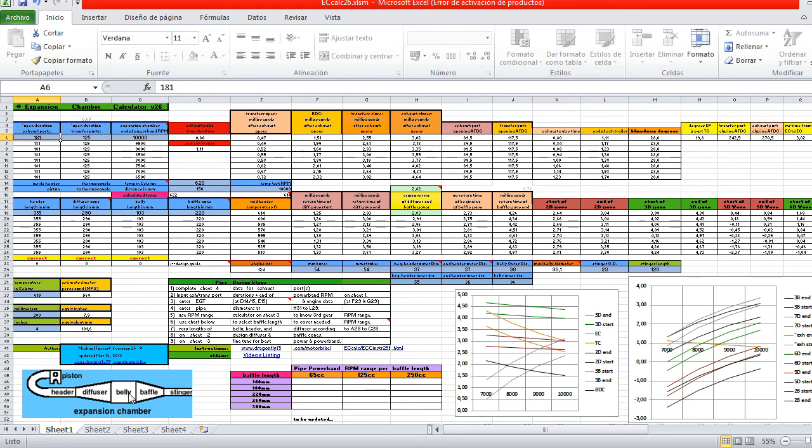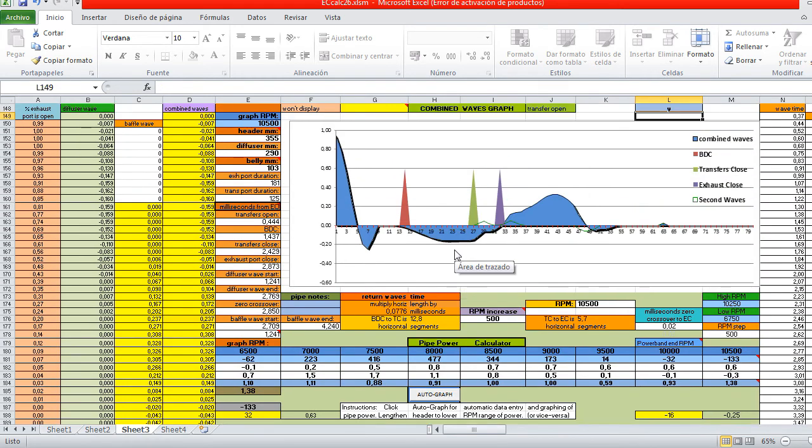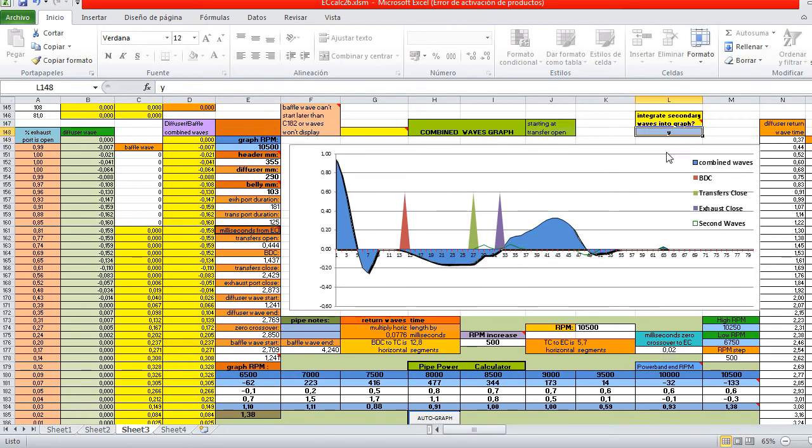So the lengths we have to play with are the header, diffuser, and belly. Mostly I look at it as being header and diffuser, because belly is controlling the overlap of the diffuser and the baffle wave. When you have the right length of belly, you've got a nice linear progression here between the two.